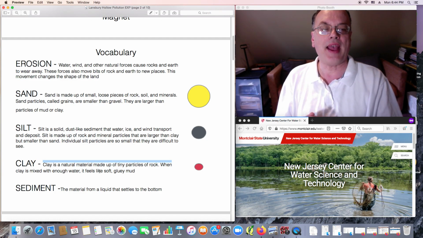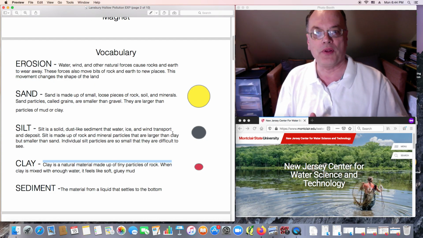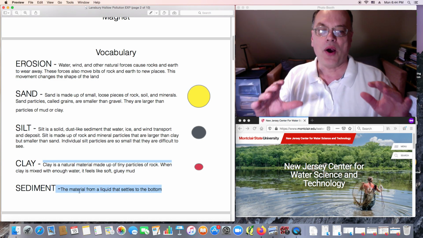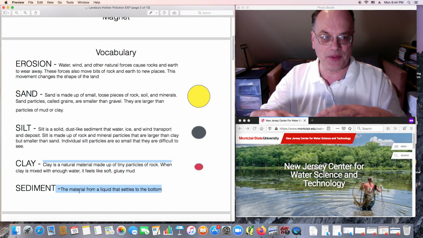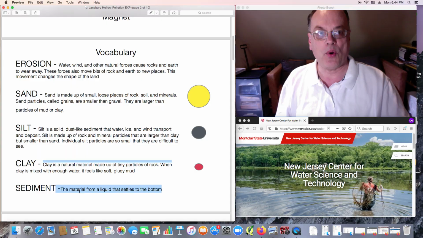So we're looking at three types of soil particles. We're looking at sand grains, we're looking at silt, and we're looking at clay. And of course, when we talk about sediment, what we're talking about are the materials that settle down to the bottom of a lake or a river or a stream or even the ocean.